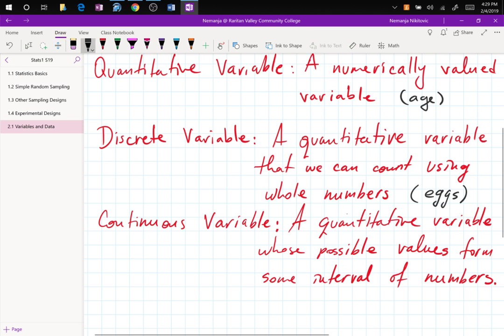Now, the question is, how about height? When you are born, you're that big. That's it. Now, you are over 5 feet, right? So, what happened there?